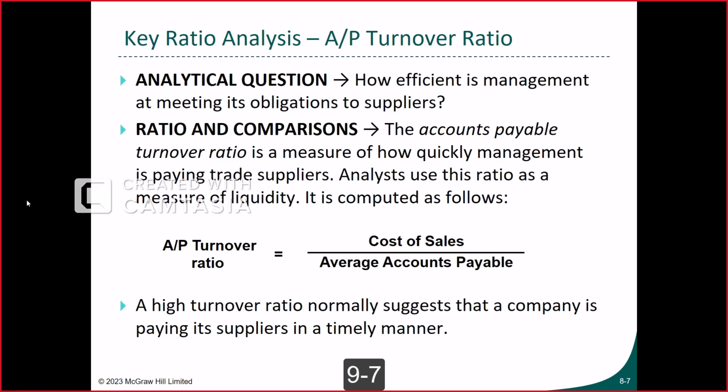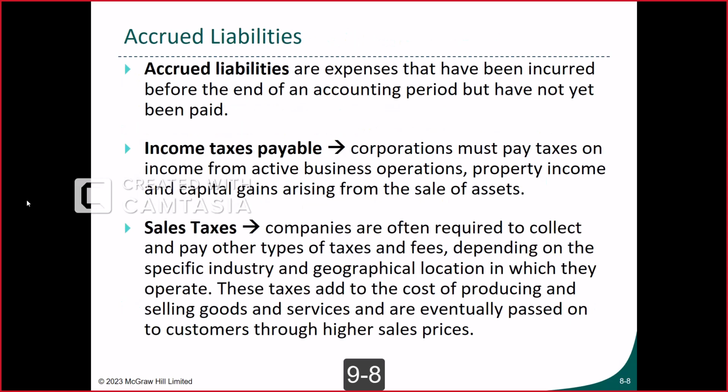If you compare this with a company that takes 29 days to pay, that means that the one which pays at 29 days can get more liquidity than the one which pays in 23 days, to compare the two companies.